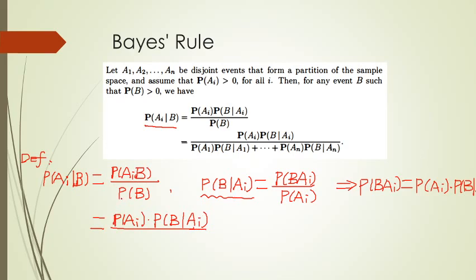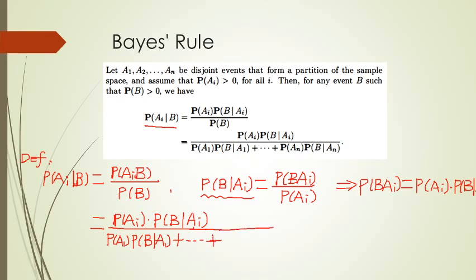Now, what is the probability of event B? According to total probability theory, we know the expansion. We know the expression of the probability of event B: it is the probability of A1 times the probability of B given A1, plus up to the last one, the probability of An times the probability of B given An.